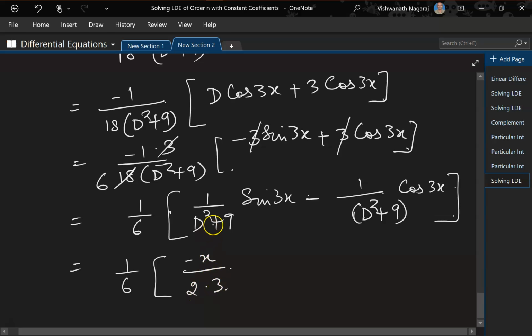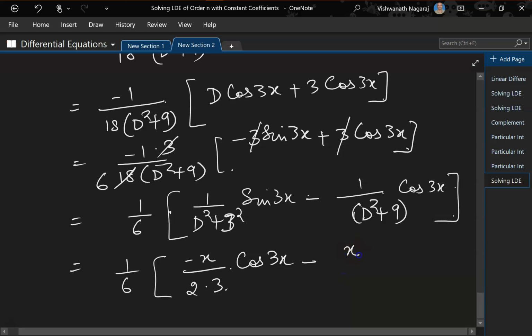So 2a is going to be 3, because 9 should be written as 3 square. Similarly here also 9 should be written as 3 square.